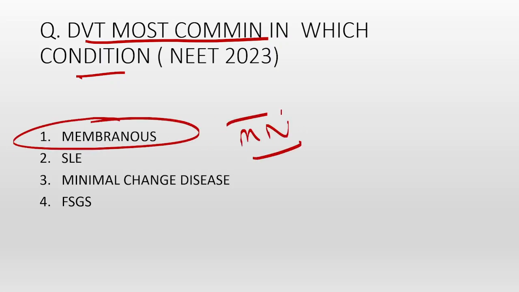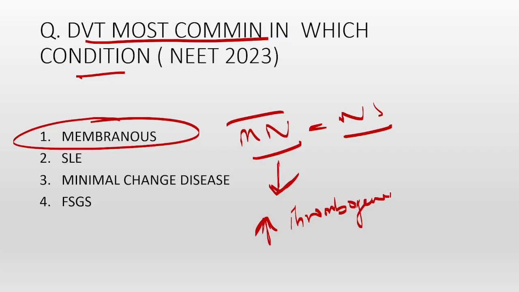Nephrotic syndrome associated with membranous nephropathy is prone to thrombosis. Any nephrotic syndrome is prone to thrombosis because of the loss of protein C, protein S, antithrombin III, these anticoagulation factors, which are lost in the urine, so patients are at increased risk of a thrombogenic state. Both thrombosis and coagulopathy can occur, but thrombosis is more common because of the loss of anti-clotting factors in the urine.